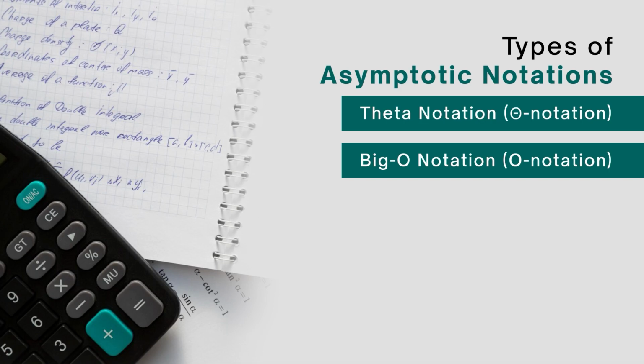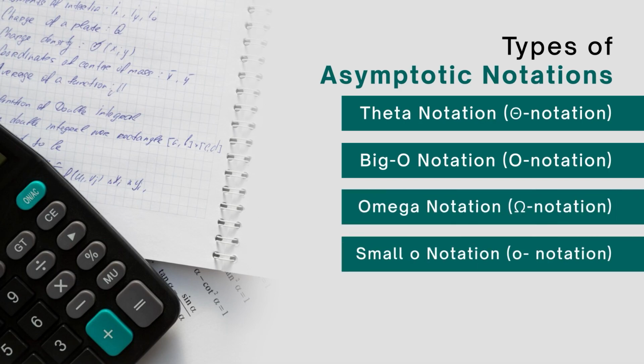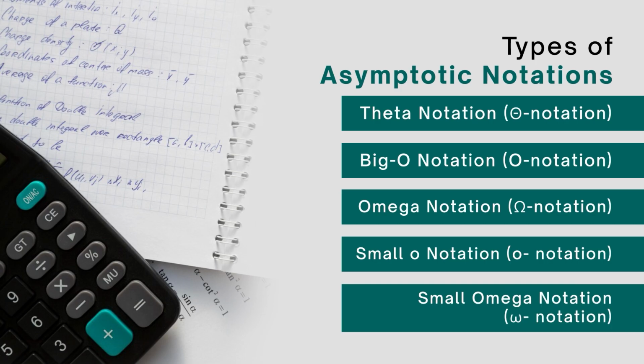So these are the notations: theta notation, big O notation, omega notation, small o notation, and small omega notation. These 5 kinds of notation we generally use for the growth of functions. When n increases, the theta notation has a different value, and the big O notation has a different value.